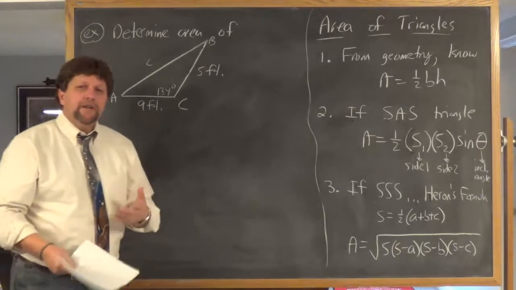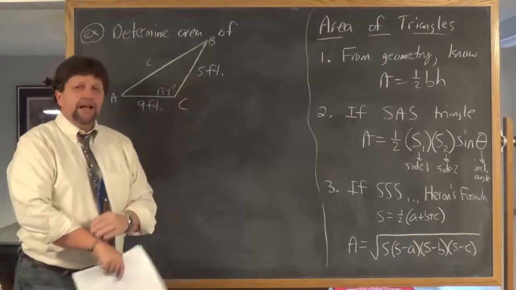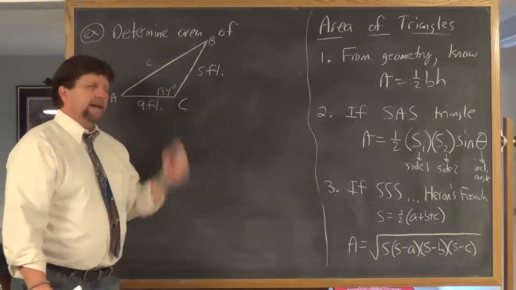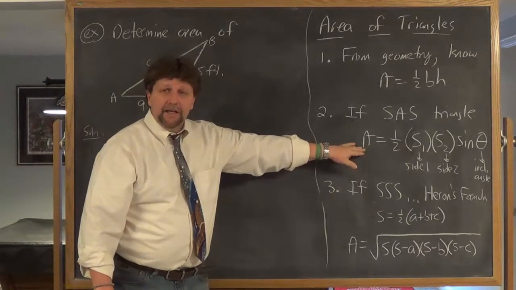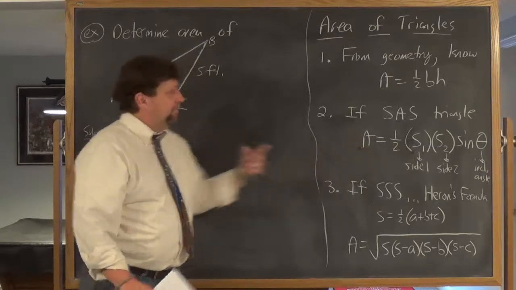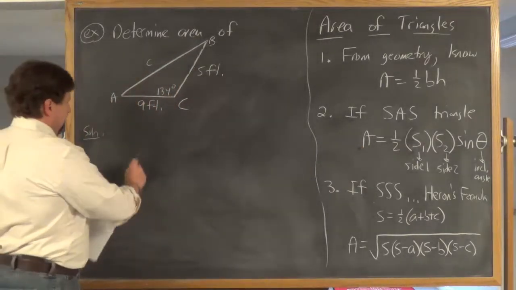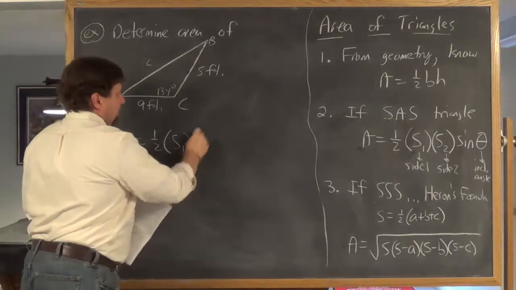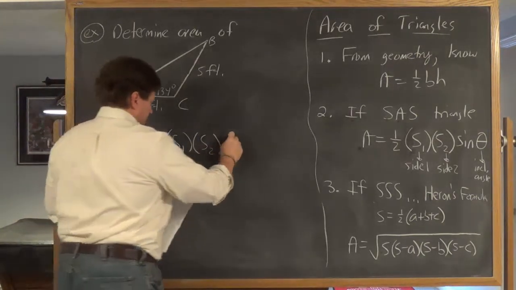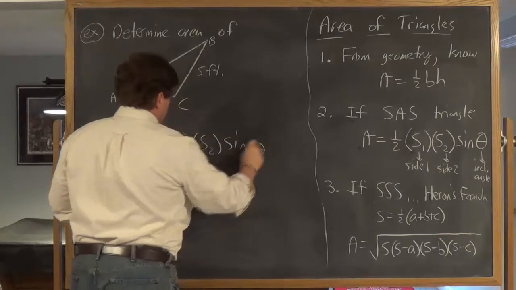We want to find the area of this triangle. The first thing I notice is that it's a side angle side triangle. I know the two sides and an included angle, so I'm going to use this formula to find the area. All I do is simply write down the formula: 1/2 S1 times S2 times the sine of theta.